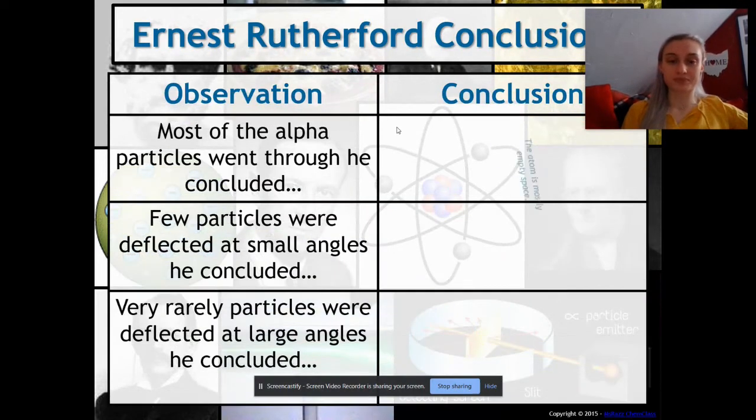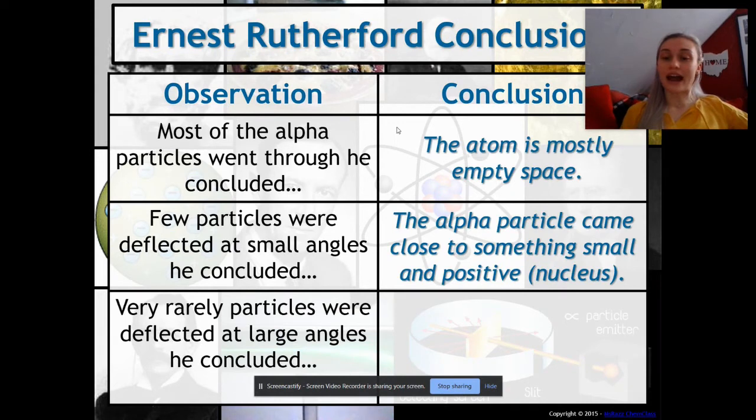Because of that, he stated that alpha particles came close to something small and positive, because remember, positive and positive repel. That's how he determined that the nucleus of the gold atoms was positive.